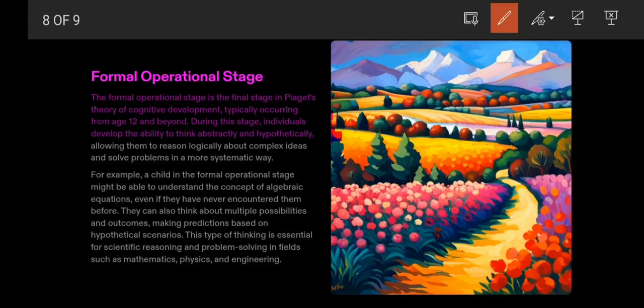Even if something is not present in front of his eyes, he can imagine it and understand it. That is called abstract thinking. So in the formal operational stage abstract thinking is developed, allowing them to reason logically about complex ideas and solve problems in a more systematic way.